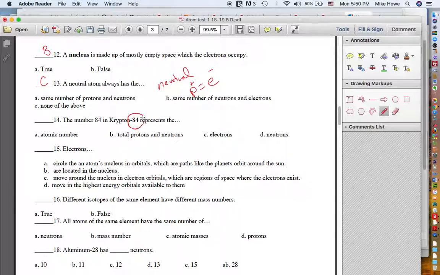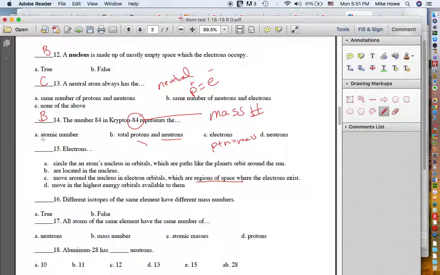Okay, 84, in this problem, that's the mass number. What makes up the mass? Protons and neutrons. Remember we've said protons plus neutrons equals mass. All right, now what do the electrons do? They move around the nucleus. We don't really know how they move, so really they're in a region of space.